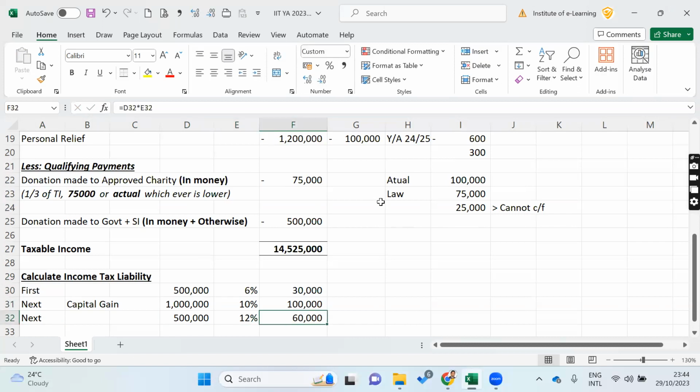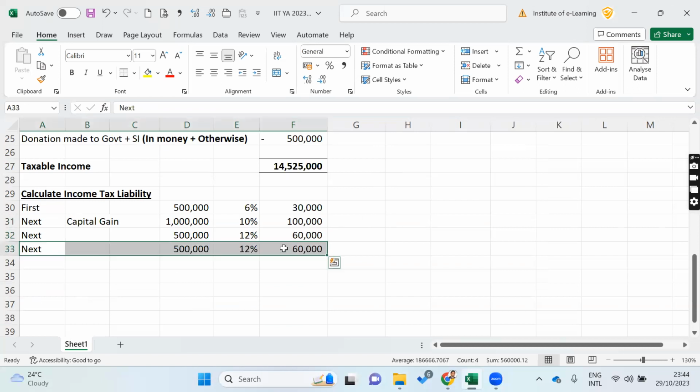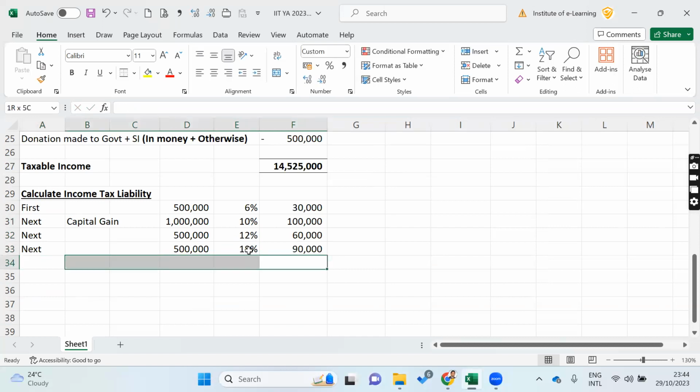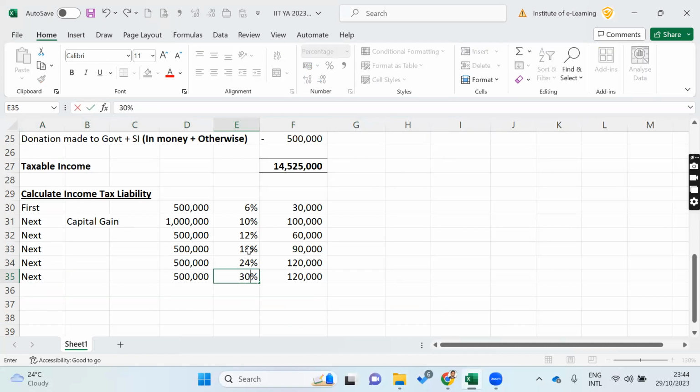Right? Then again, the same continuation will be continued. 18%, right? And again, next 24%. Then again, here 30%. Then here 36%, whatever the remaining balance.